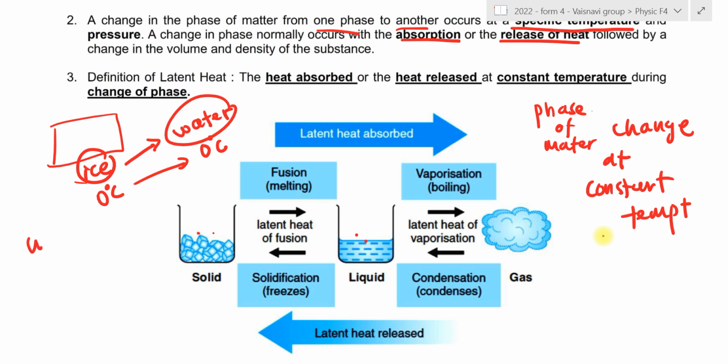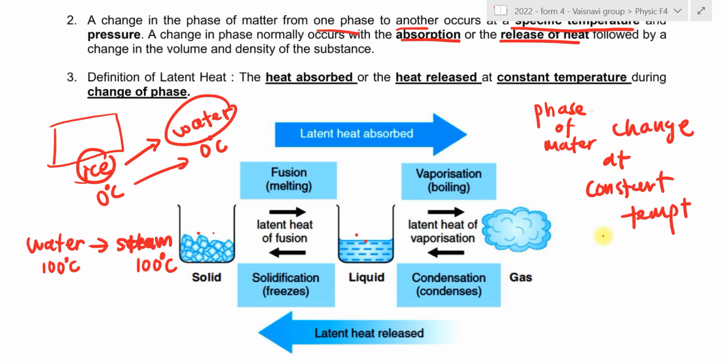Same for water becoming steam. Water can go up to 100 degrees Celsius, and steam is also 100 degrees Celsius. The boiling point. Water can heat up until 100.